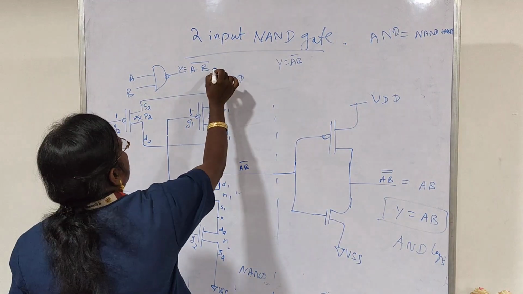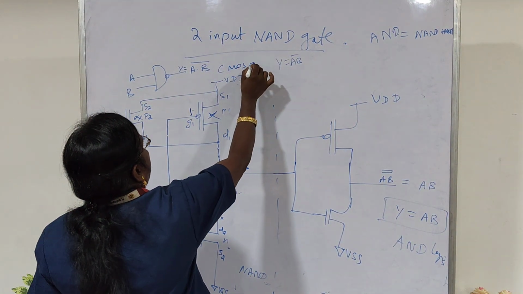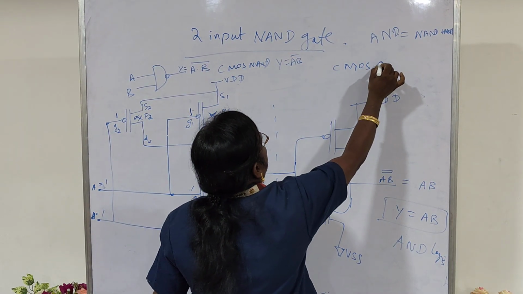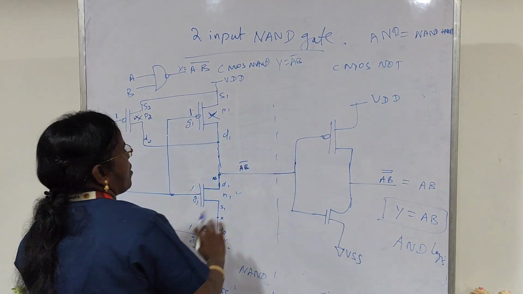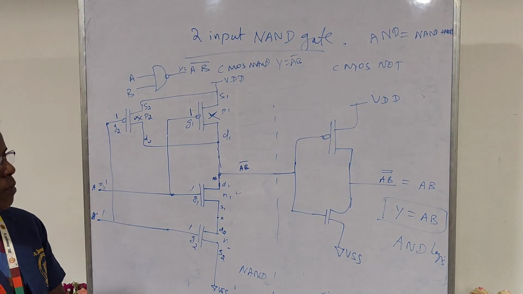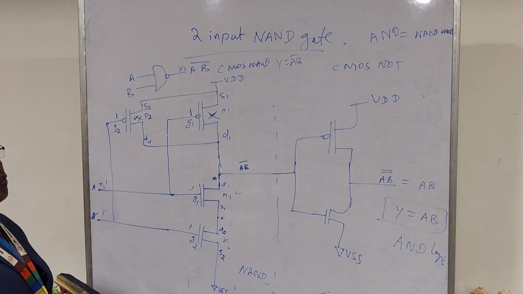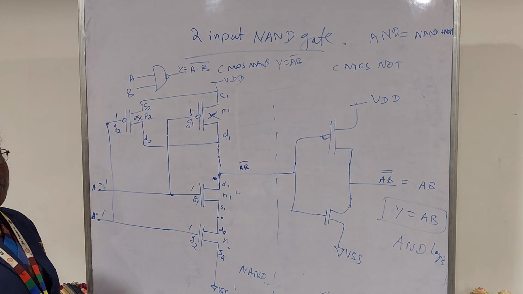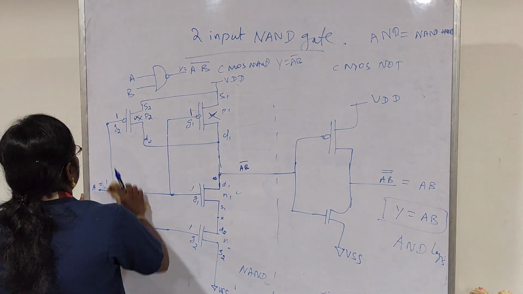This is my CMOS NAND gate and this is the CMOS NOT gate. These can be combined together to design the CMOS AND gate. So this is how we can implement the NAND logic function and AND logic function using CMOS logic.